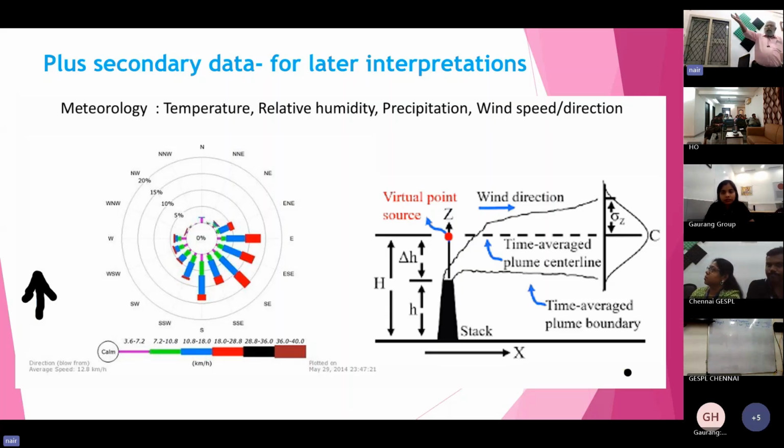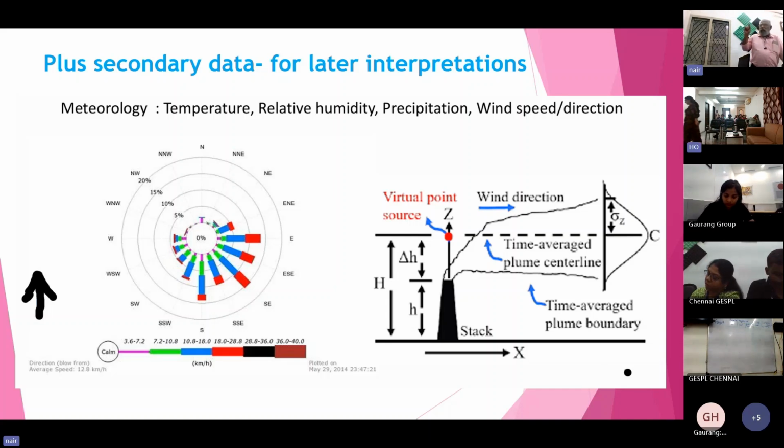And here, when the stack comes, you know in that industry, what the stack temperature will be also. So the plume behavior, whatever it will be, you know. So you can say this. So try to learn drawing the windrose diagram manually first.